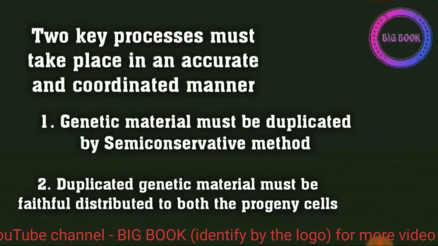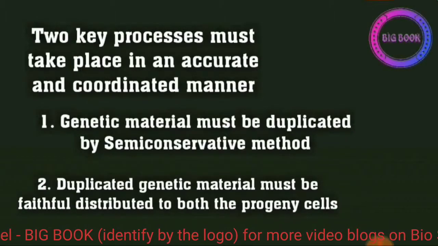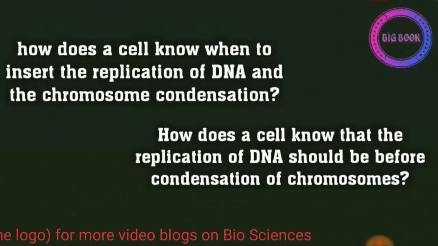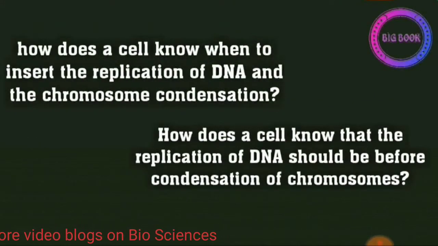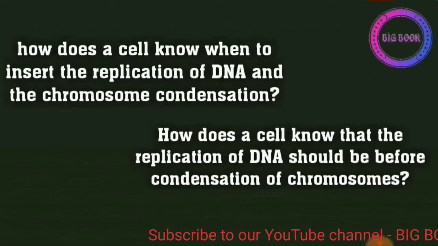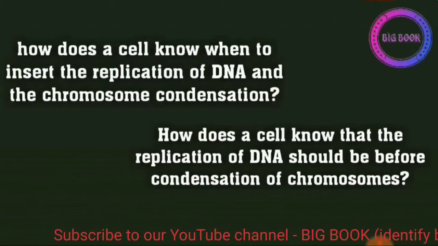Further, there should be some mechanism that regulates eukaryotic cell division. How does a cell know when to initiate the replication of DNA and the chromosome condensation?